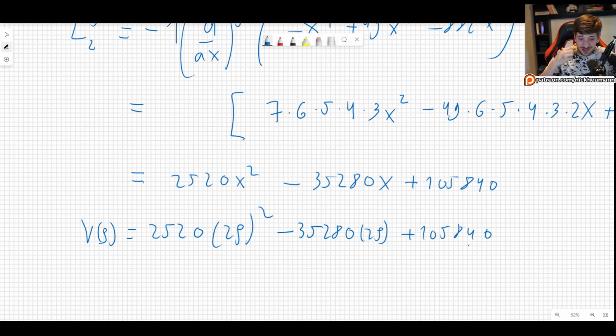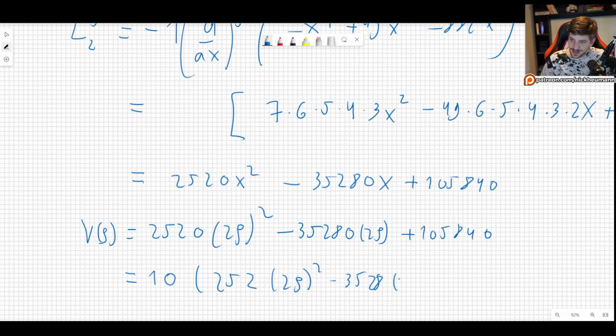Okay, so this doesn't look particularly nice. Perhaps there is some way in which we can simplify this. So let's see. So what we have here, let's factor some things out. So of course we can factor out 10, and that way we have 252 times 2 rho squared minus 35,280 times 2 rho plus 105,840.